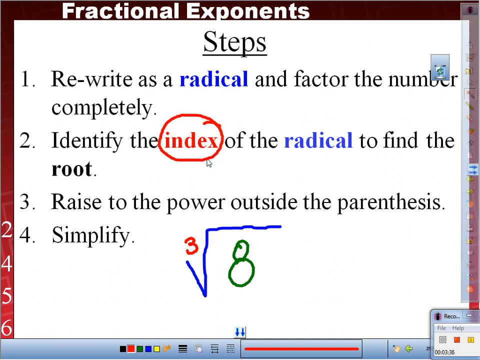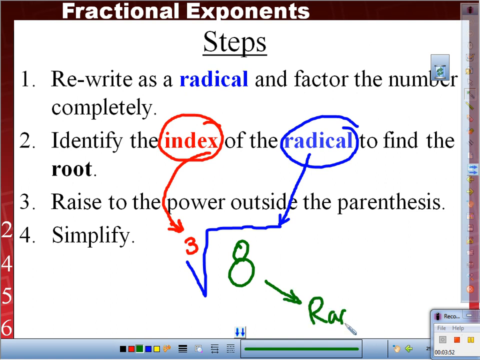The index is the number outside of the radical. The symbol that you knew as a square root is now known as the radical. The only one that I haven't given you a name for is this number inside. This is known as the radicand. Copy that, please.